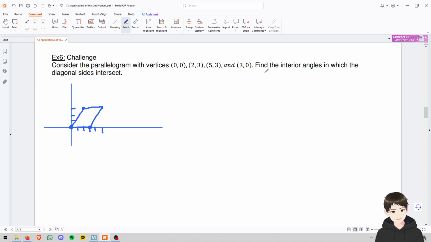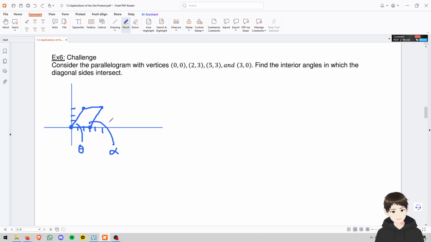Find the interior angles in which the diagonal sides intersect. So I need to find theta, and I need to find, let's call it alpha. If I find these two angles, the other two are immediately defined. Sound familiar? Why don't we get this vector and this vector and work some magic?